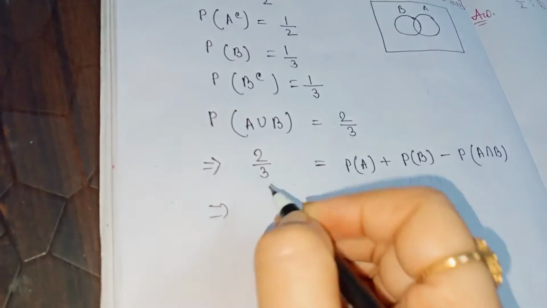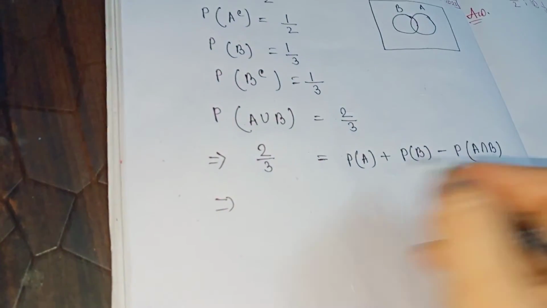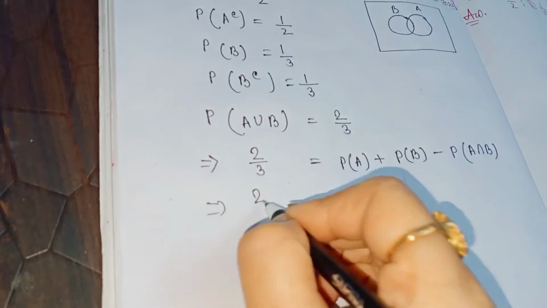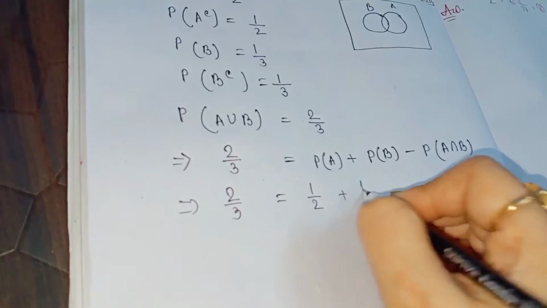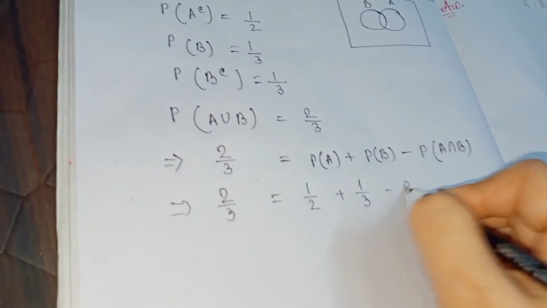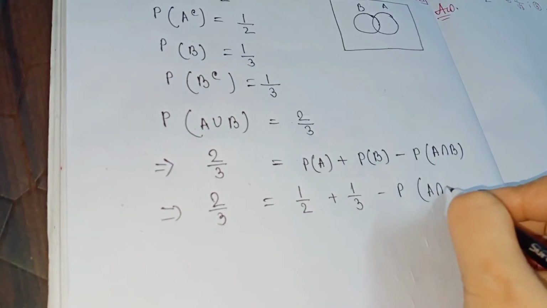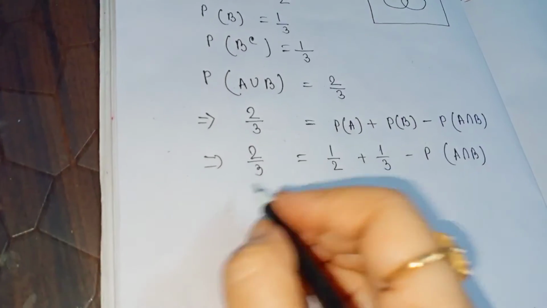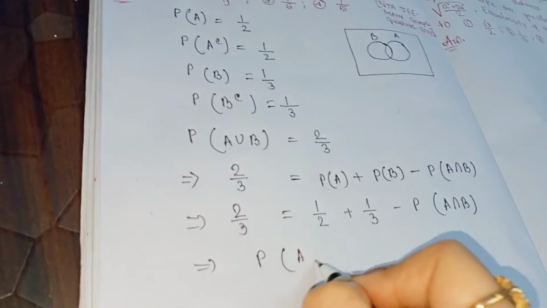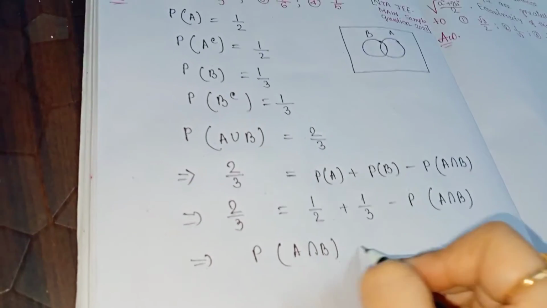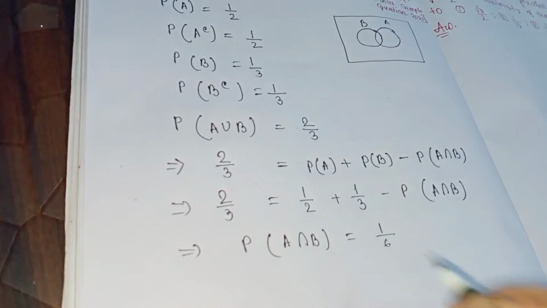That implies 2/3 is equal to P(A) is equal to 1/2, P(B) is equal to 1/3, minus P(A intersection B). So that implies P(A intersection B) is equal to 1/6.